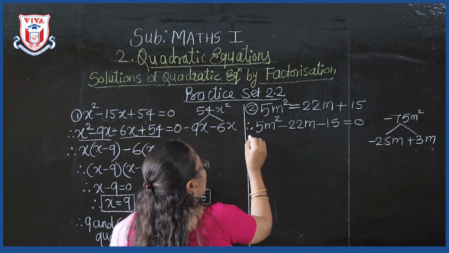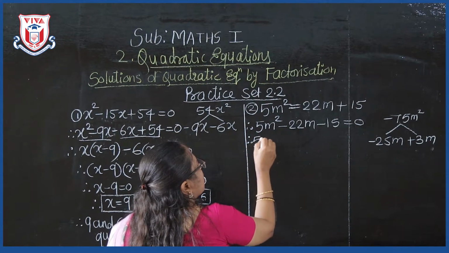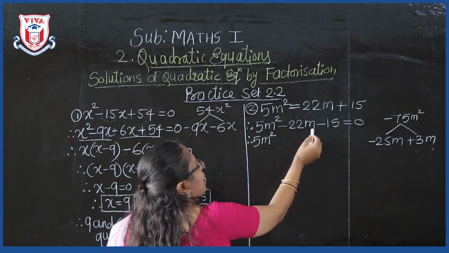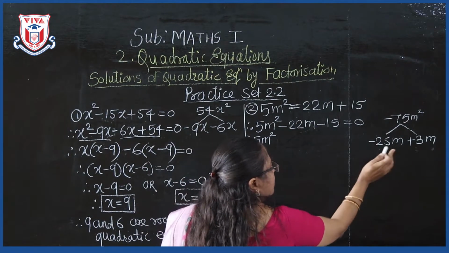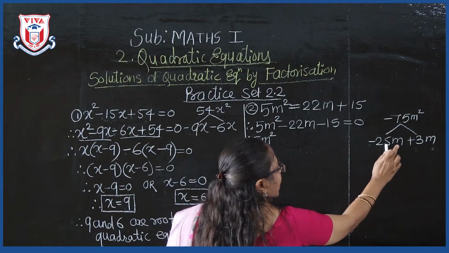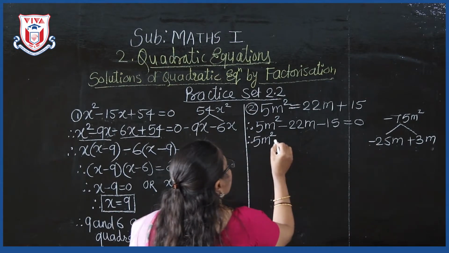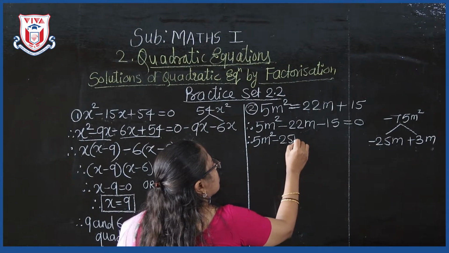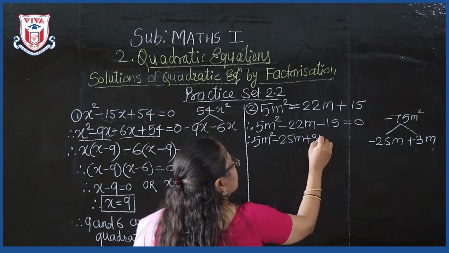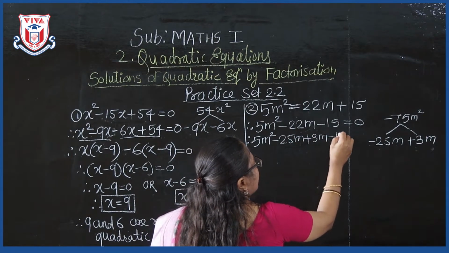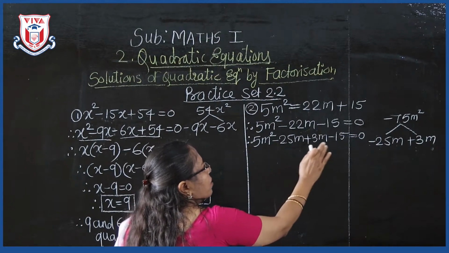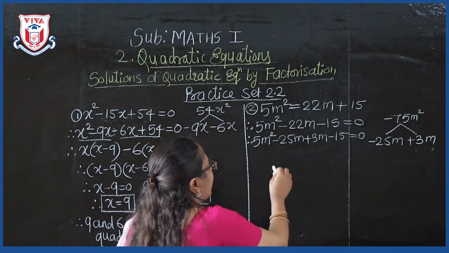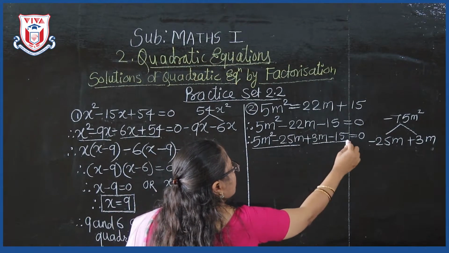Okay. Now our next step, 5m square. Now this 22m we will split using these two factors, minus 25m plus 3m, minus 15 equal to 0. Now we got 4 terms. Make groups of two terms.